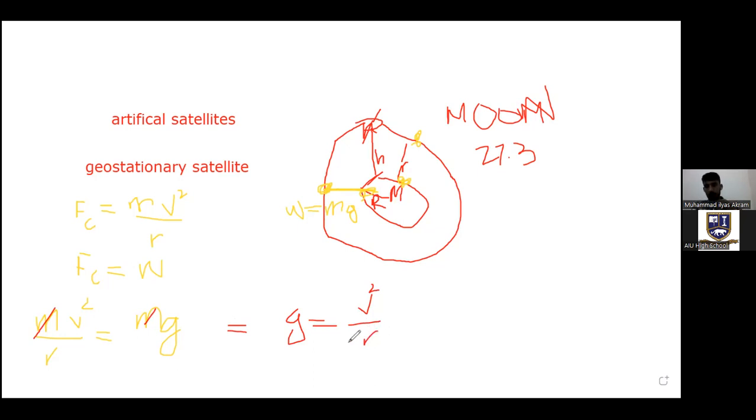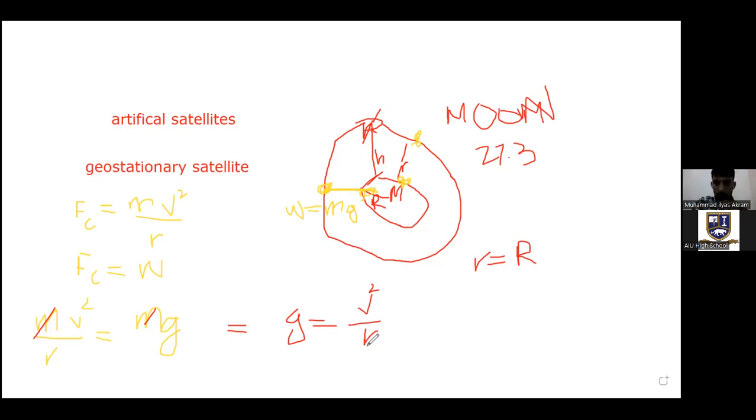So here is the formula of orbital velocity. So we can take this radius, and that is also equal to capital R. And this capital R is the radius of Earth, from the center of the Earth to the surface of the Earth.